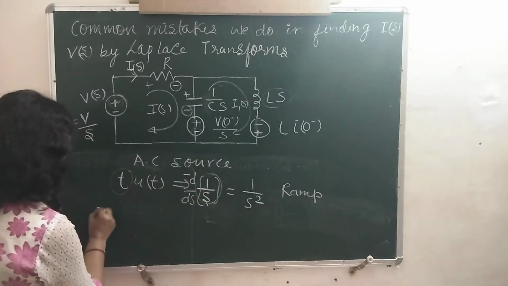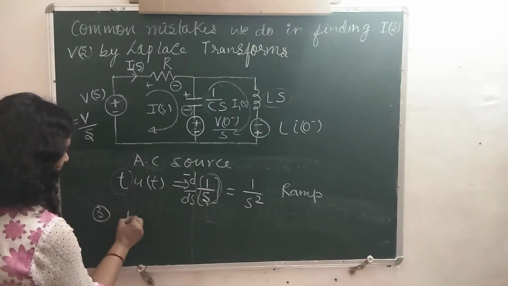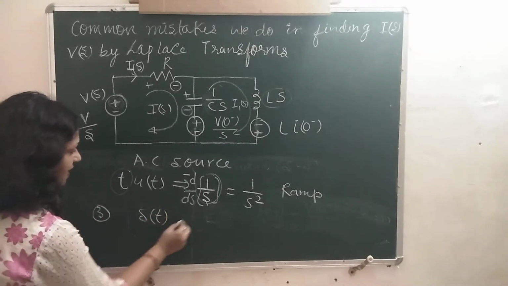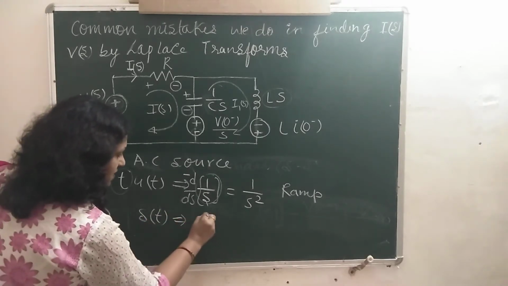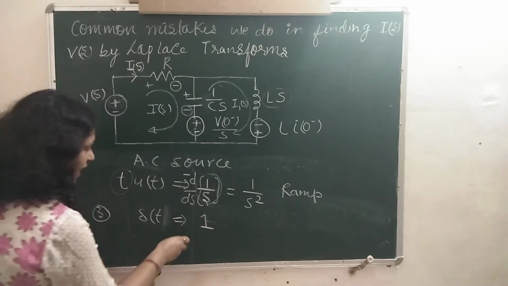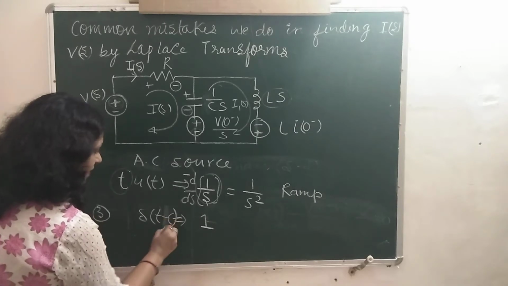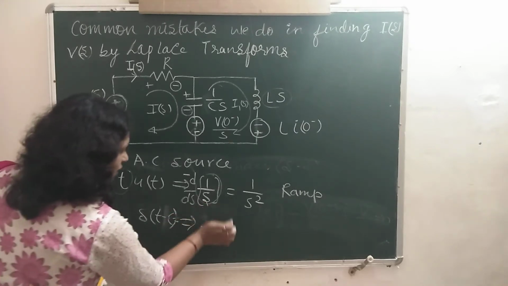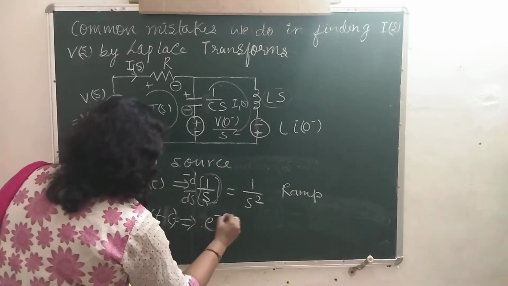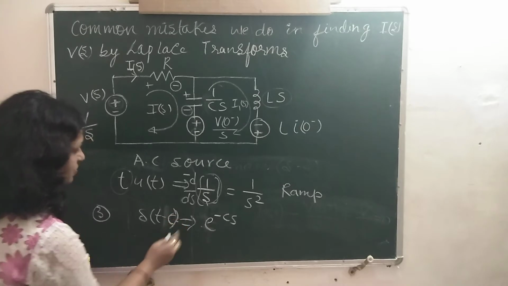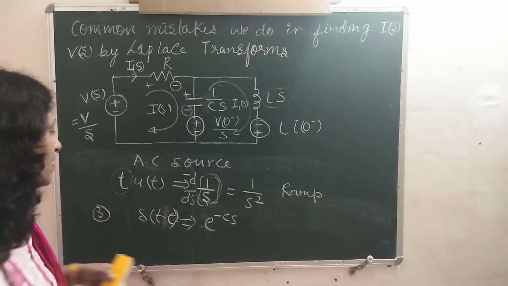Now the third function is the impulse function, and that is written as del t. Its Laplace transform is always 1, and if it is written in time shifted form like t minus c, then its transform will be e to the power minus cs.